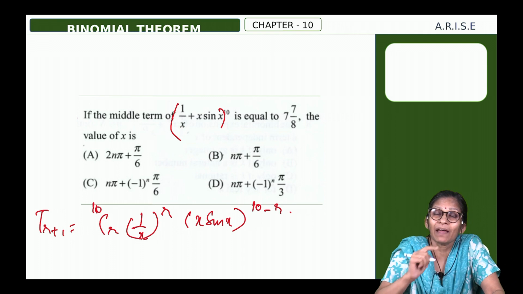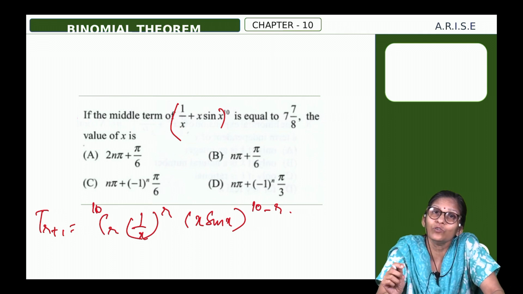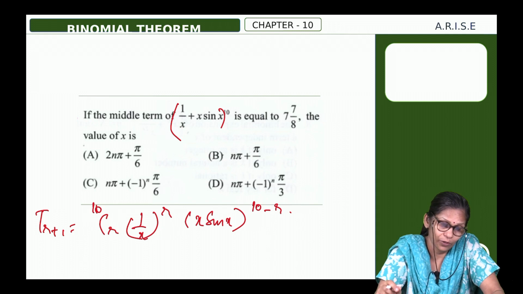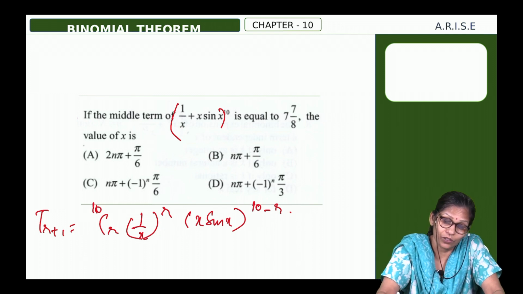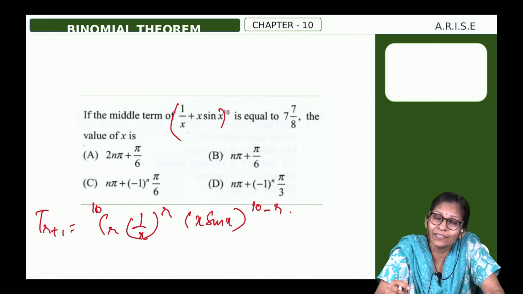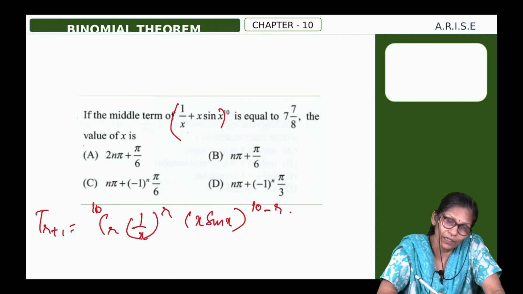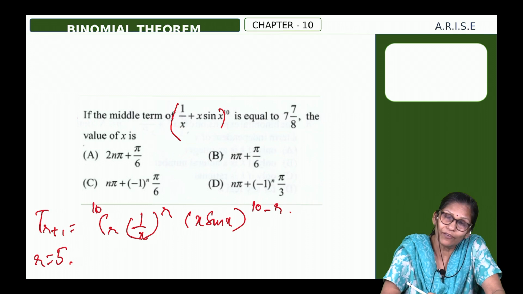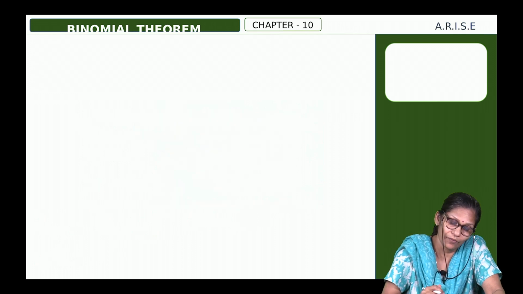Now, this expansion has 11 terms, the middlemost will be the 6th term. So, 6th term you will get by substituting r plus 1 as 6, that is r is equal to 5. If I substitute r equal to 5, what do you have here?